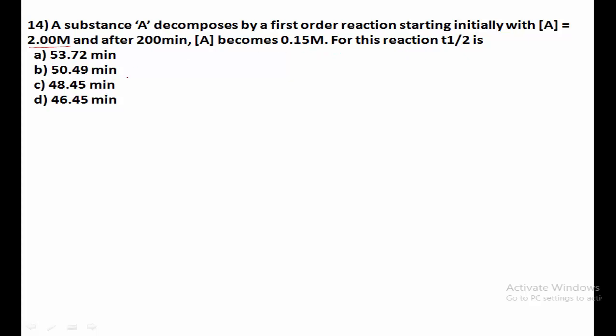In this question they asked you to find the t half, that is the half life. For a first order reaction, it is 0.693 divided by k. This is the formula. In order to find it, first you need to calculate the value of k. So how to calculate the value of k?